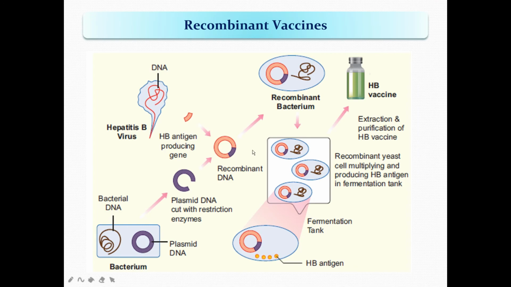This recombinant DNA will be inserted into the bacteria E. coli, after which it will be multiplied to make more copies to produce HB antigen.